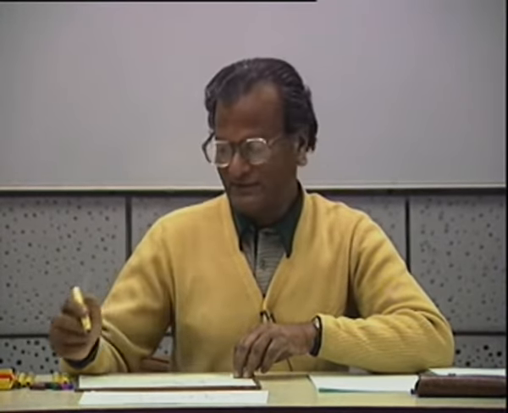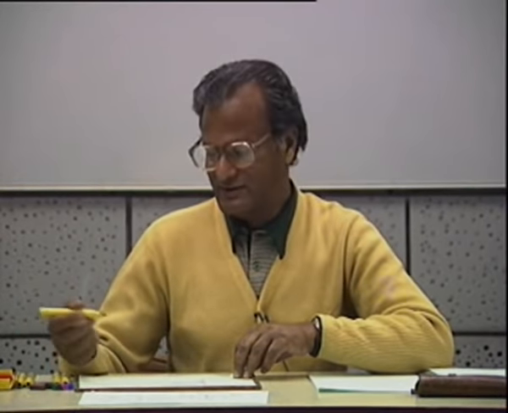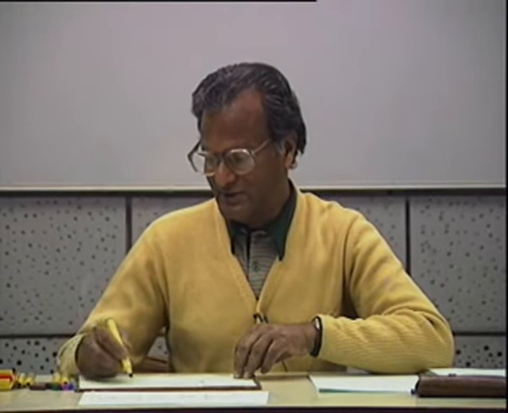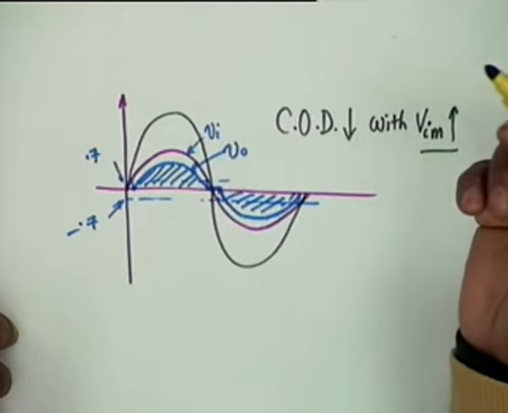VCC minus VCE sat. That is the limit of the output voltage. Therefore, the input voltage cannot exceed VCC minus VCE sat plus 0.7, that is VBE. So we have a limit on this, and crossover distortion in such a complementary symmetry amplifier is a fact of life.